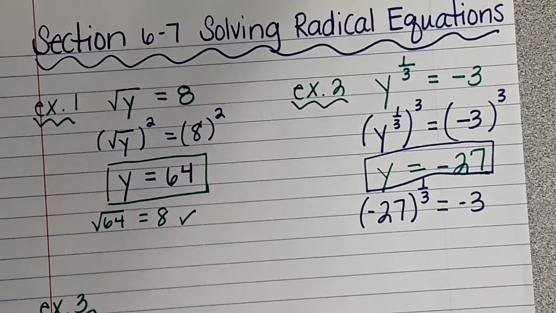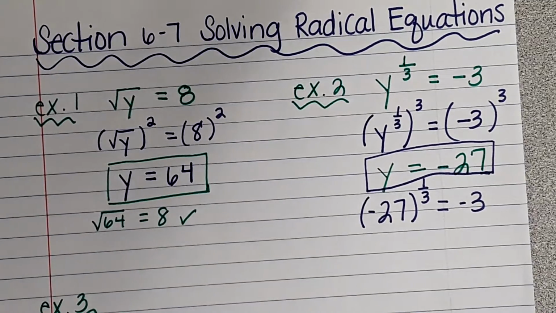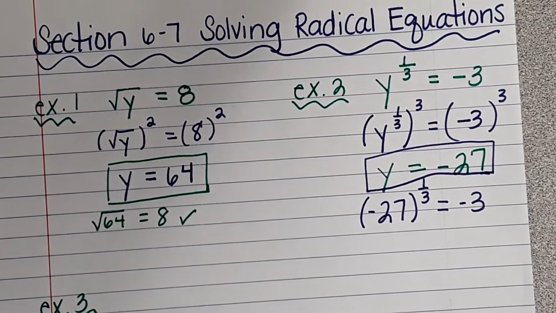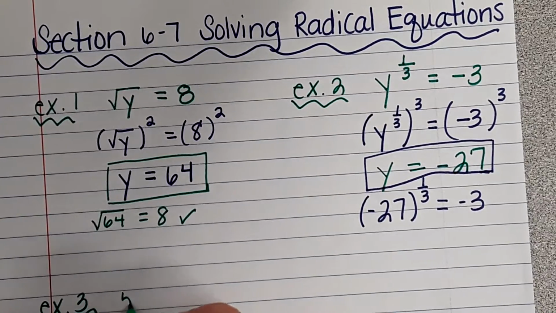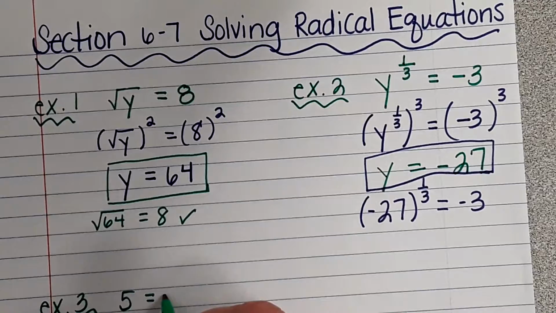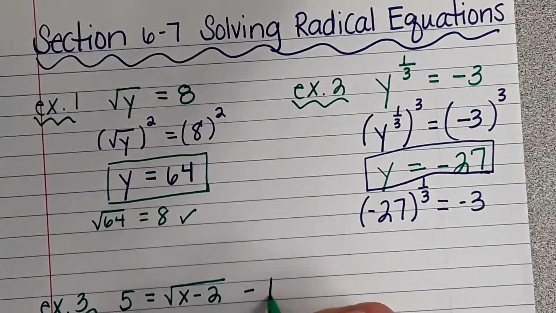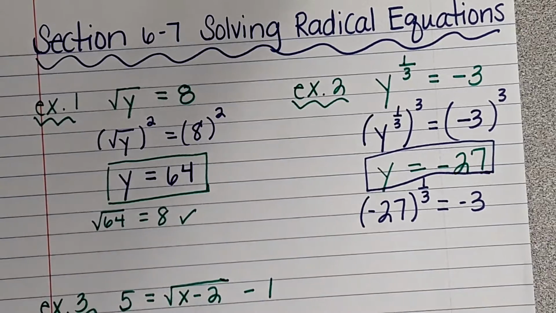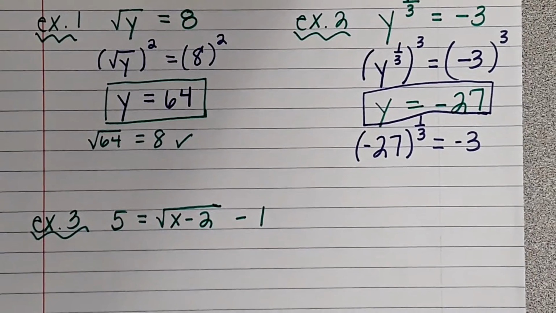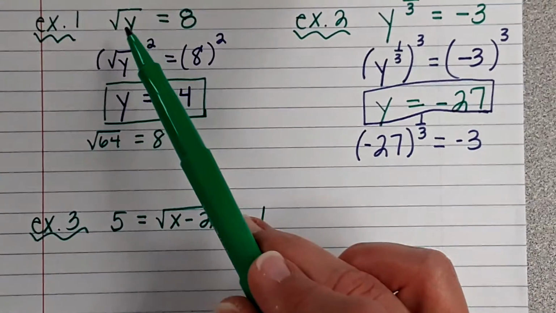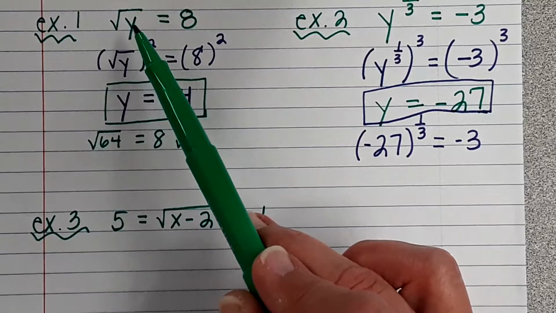Okay. Now, those are our basics. So now what I'm going to do is I'm going to add a little bit more. When you get a radical equation, you want to get as close to the basic radical equation as possible.